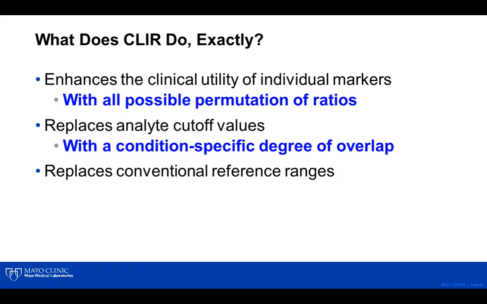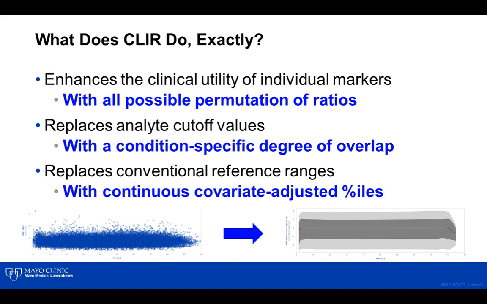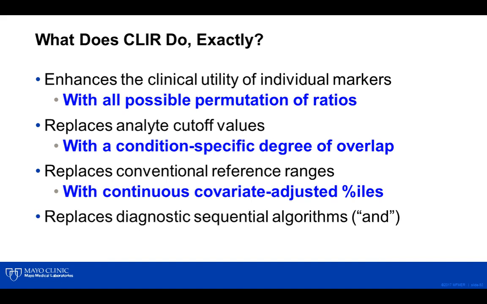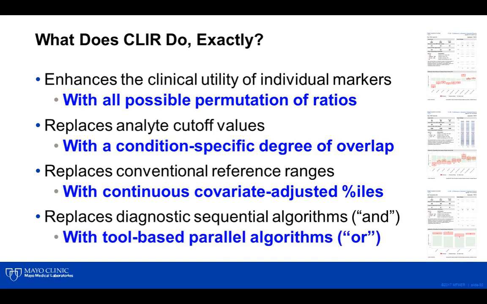Third, CLEAR replaces conventional reference ranges with continuous covariate adjusted moving percentiles. Finally, CLEAR replaces traditional sequential algorithms with post-analytical interpretive tools working as parallel algorithms, meaning that all relevant markers are assessed simultaneously.